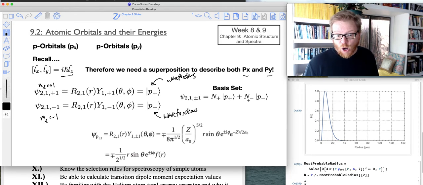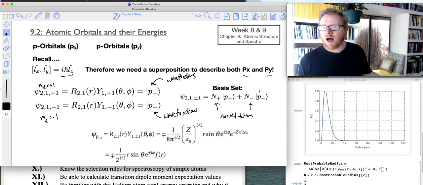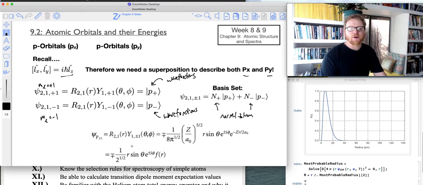And the way that's going to go, this is the superposition we've created, where these Ns, of course, are normalization constants. And we have the superposition of the p plus and the p minus state, which corresponds to ml plus or minus 1, okay? So when we put that all together, we look up the R21 and the Y1 plus or minus 1. And so I'm just showing you this as the plus or minus.